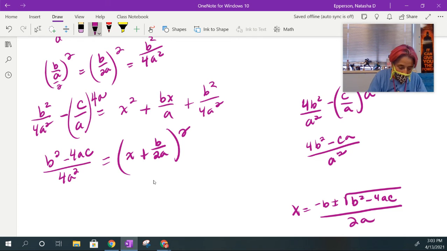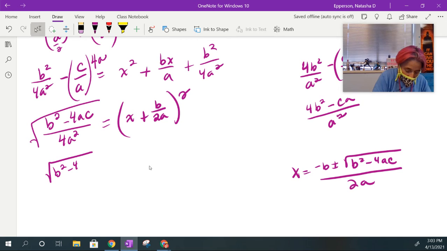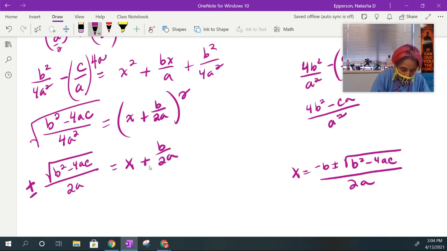All right, now I'm going to take the square root of the top and the bottom. The square root of the top becomes b squared minus 4ac, all over 2a. That's going to be equal to plus, or really that should have been plus or minus. Hold on. Plus or minus. There we go. Then this becomes x plus b over 2a.